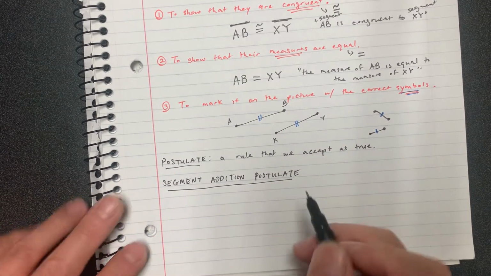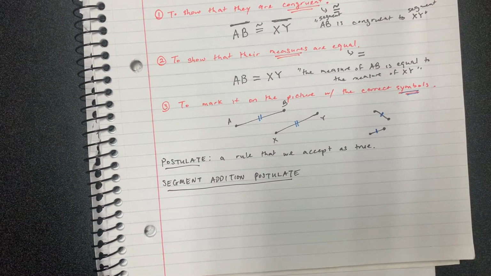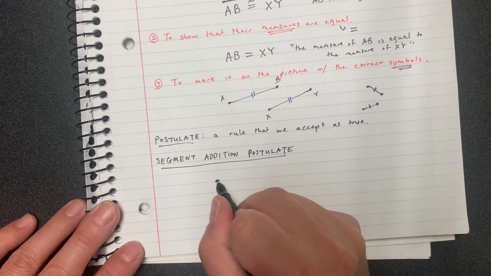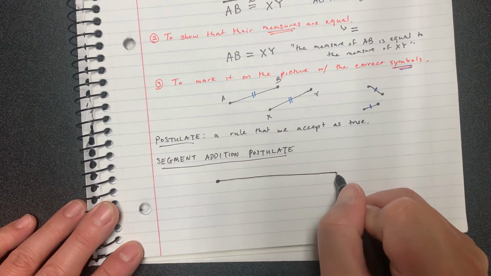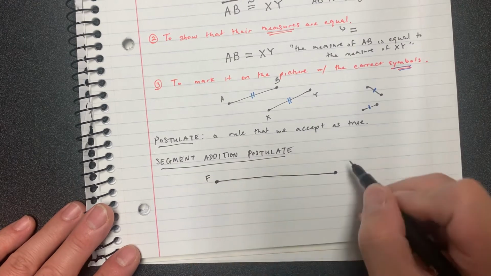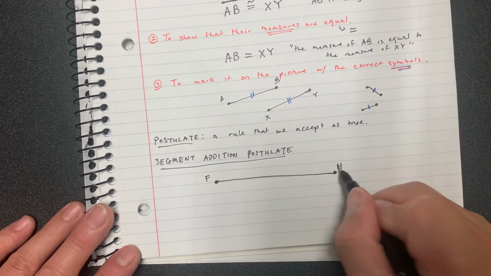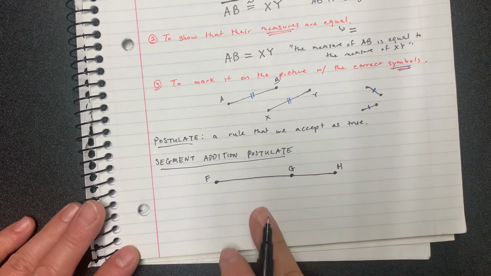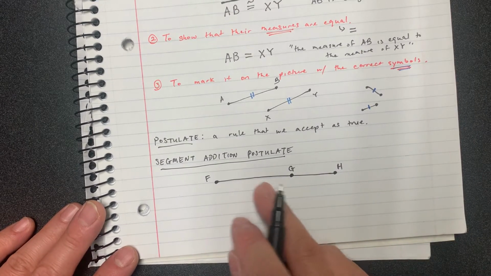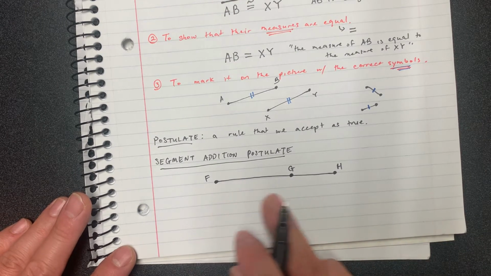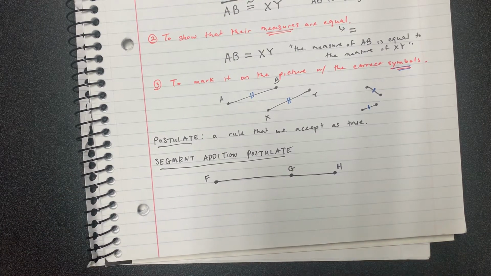The segment addition postulate. So for example, if I were to draw a segment from one side to another, and I were to call those endpoints F and H, and in between there was a G. Not right in the middle, that doesn't really matter. So what does the segment addition postulate say?